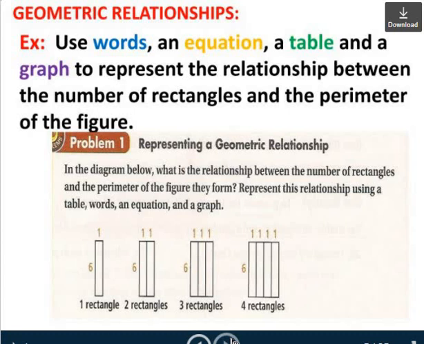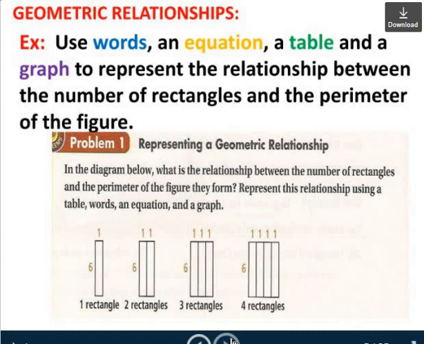If you look at the width and the length of one rectangle as the x, which is the input, you will look for the output, which is the perimeter, okay?